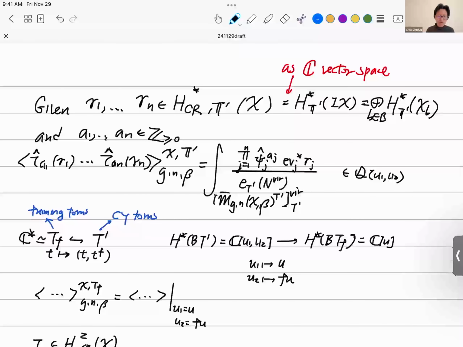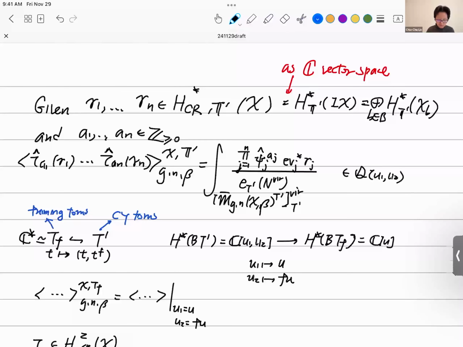Recall the equivariant cohomology of BT prime is a polynomial ring in two variables, u1 and u2. And then the inclusion of this one-dimensional subtorus induces a map between equivariant cohomology of a point, explicitly given by this.